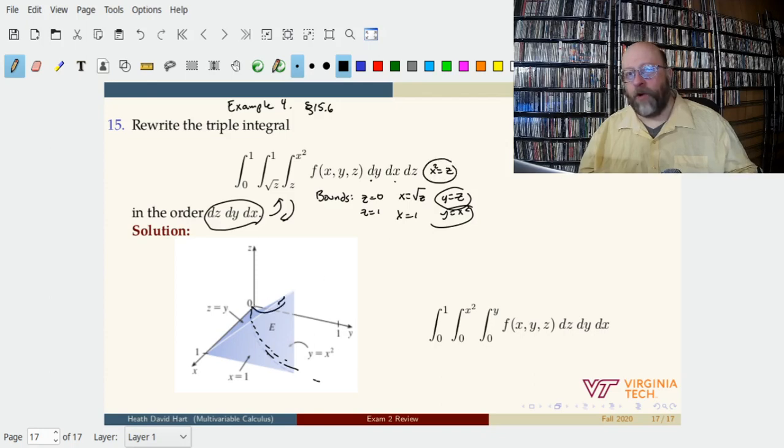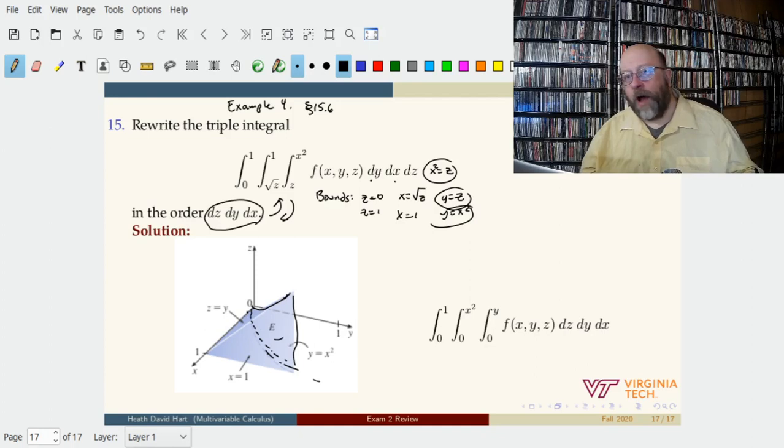And so this curve in the y direction also continues in the z direction. And so we've got this curved out, hollowed out piece in the back.